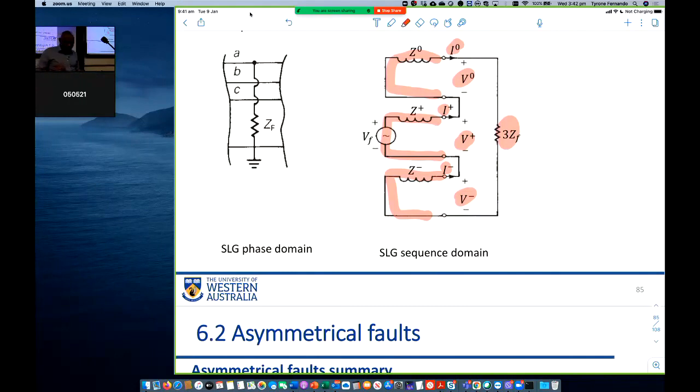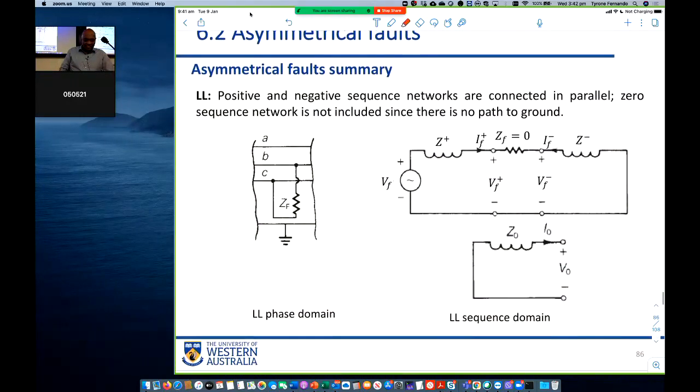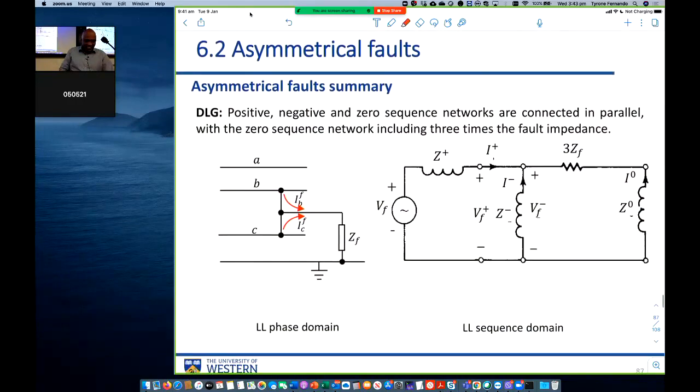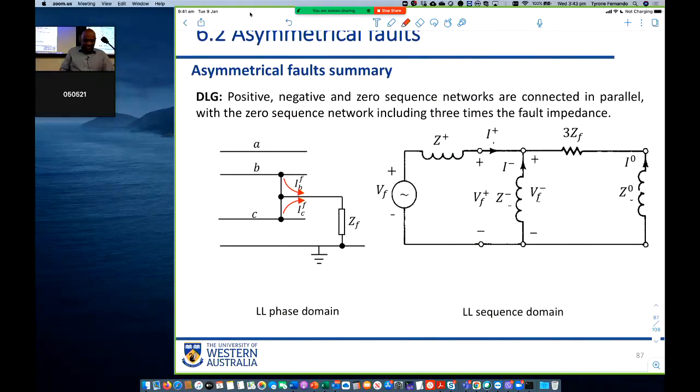You will have to remember that single line to ground fault, that's the circuit. For double line fault, that's the circuit, right? It's not hard to remember, right? And double line to ground fault, that's the circuit. You will have to remember that, right?